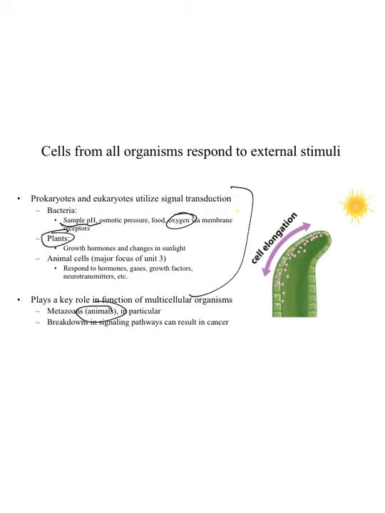Plants are multicellular, non-animal, obviously, but very robust signaling pathways exist in plants. One that we're all familiar with, especially now that spring is, I guess, finally coming to Kalamazoo, is phototropism. You may notice that plants are starting to bend towards a source of light. They will always do this.